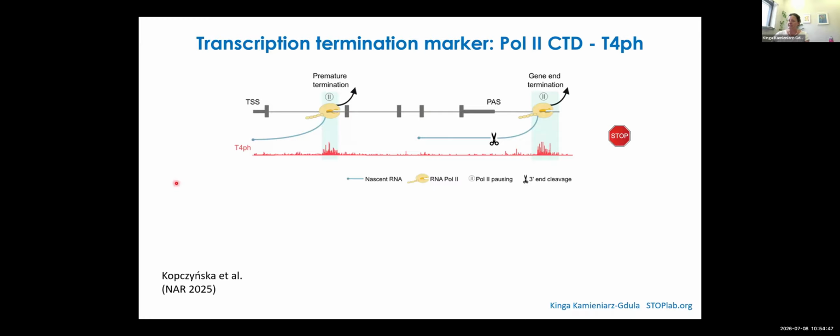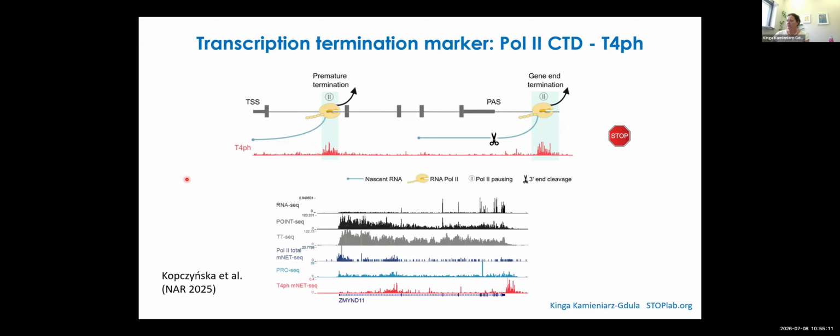This is a method called mNET-seq, and particularly if we use it with an antibody directed against threonine 4 in the heptad repeats of the CTD of POL2, this very beautifully highlights where termination or terminal pausing occurs, both at the end of genes but also in the gene body.